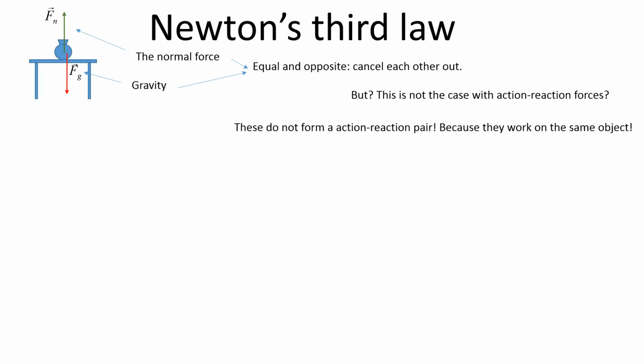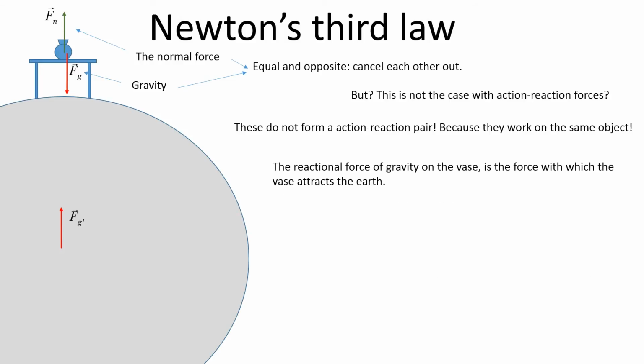Because these two, normal force and gravity, do not form an action-reaction pair. Because they work on the same object. It is two forces on the same object. And remember, it was object 1 on object 2 and object 2 on object 1 with an action-reaction pair. So let's look at which are the reaction forces here. Well, the reaction force of the gravity on the vase is the force with which the vase attracts the Earth.